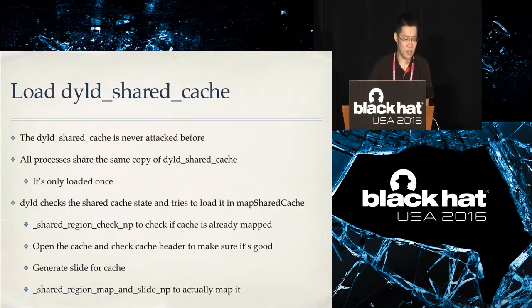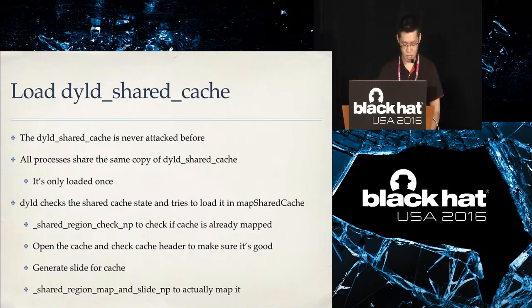So after taking a glance at all the attack surfaces, we found that the DYLD shared cache was never attacked before. So what we did was code auditing of this part of the code. The DYLD shared cache is mapped into all the processes on iOS devices, so it's only loaded once. The first time, DYLD tries to load it, it calls shared_region_check_np to check if the shared cache is already mapped.